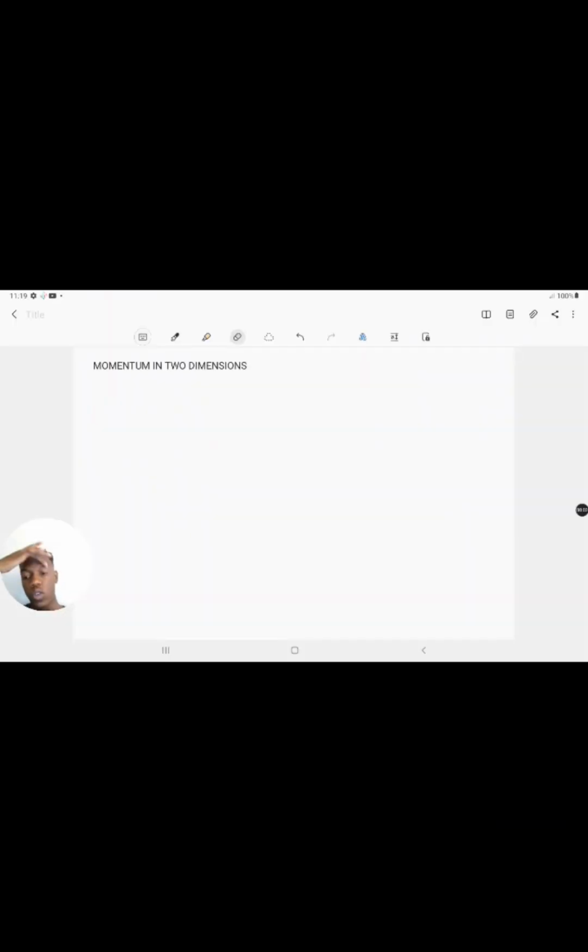Okay, welcome back to another video on momentum. In this video, we will be looking at momentum in 2 dimensions. So far, we've looked at momentum in 1 dimension, where we had objects moving only in 1 direction, and we calculated the momentum in that direction. For momentum in 2 dimensions, we are dealing with 2 directions.